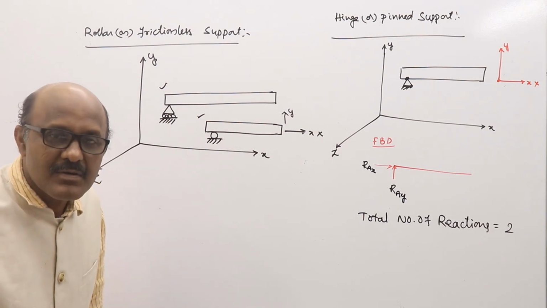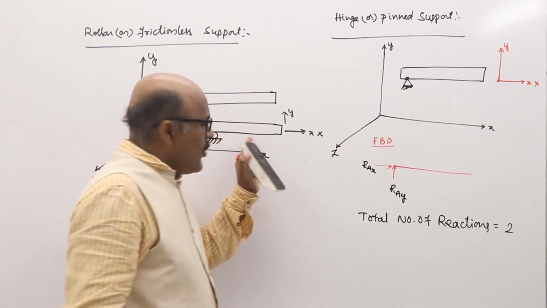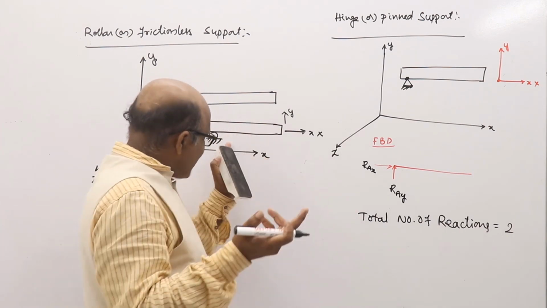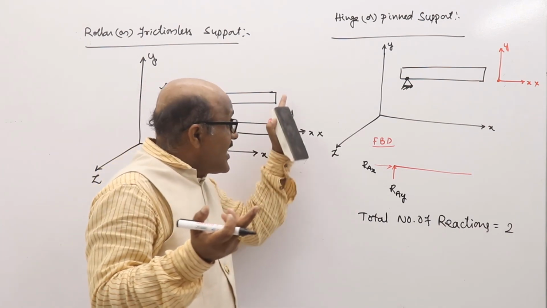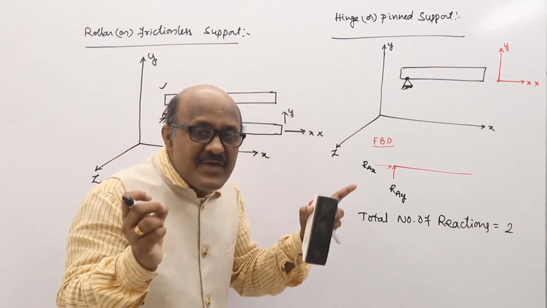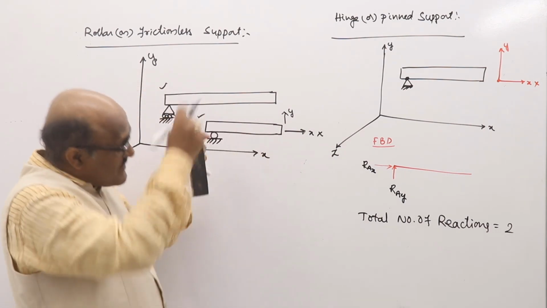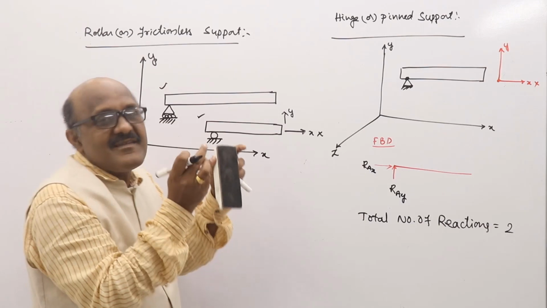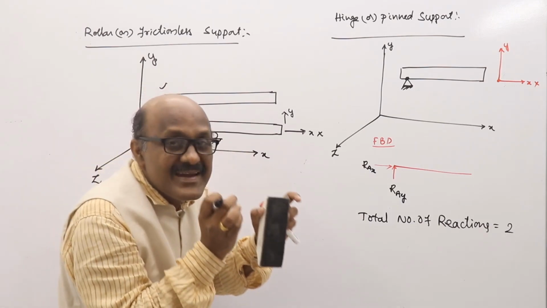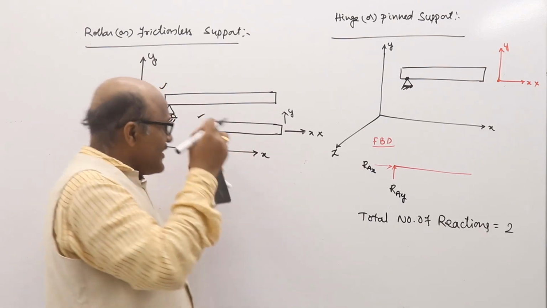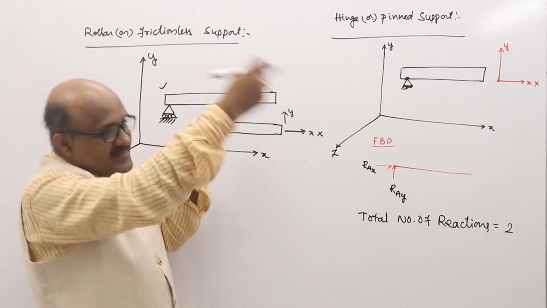Yes or no? So motion cannot be prevented in the x direction, but y direction motion is prevented. Yes or no? And rotation about the z-axis also cannot be prevented here.